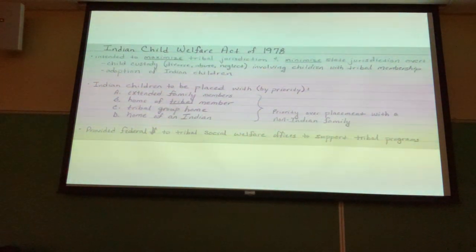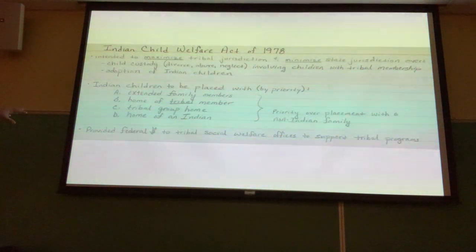And this was, of course, back before adoption processes were kind of liberalized, so that now, can single people adopt children now? I think so. Anyway, Indian children had to be placed, by priority, with extended family members, or they had to go into a tribal member's home.